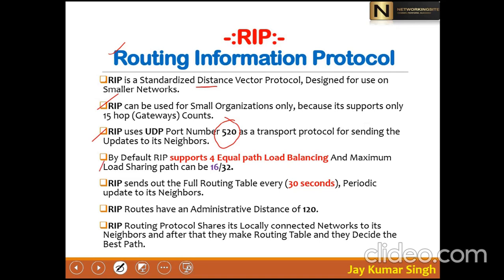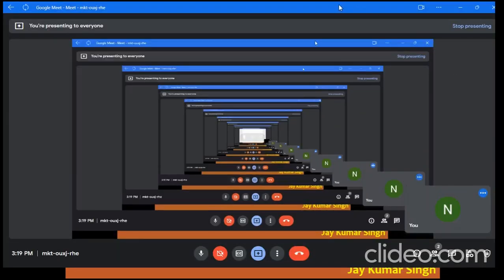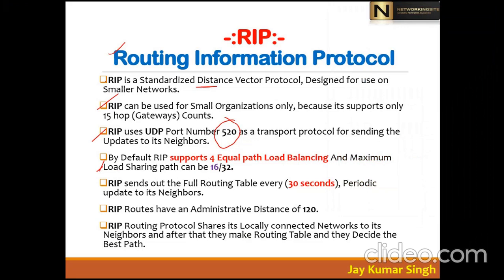And RIP supports only up to 4 equal-cost load balancing paths to communicate with neighbors. So the limitation is 4, but you can increase it up to 16 and up to 32 depending on which IOS you are using on your router. For older IOS routers you can support only 16, but for the newer ones we can support up to 32.